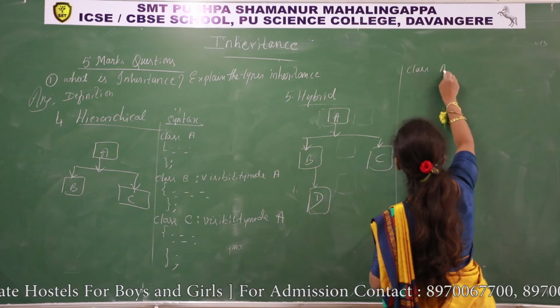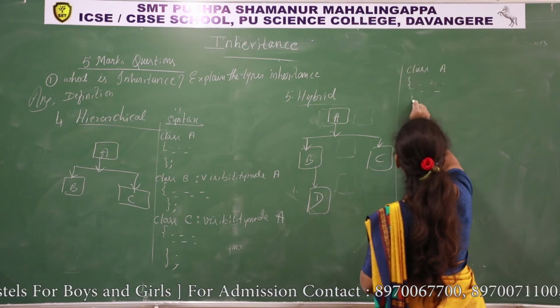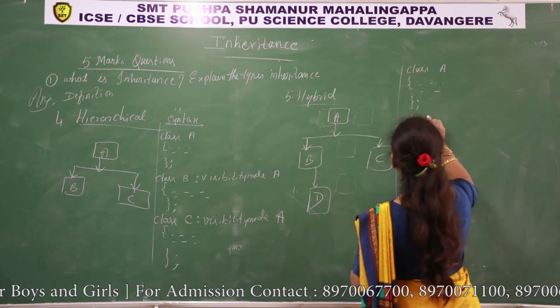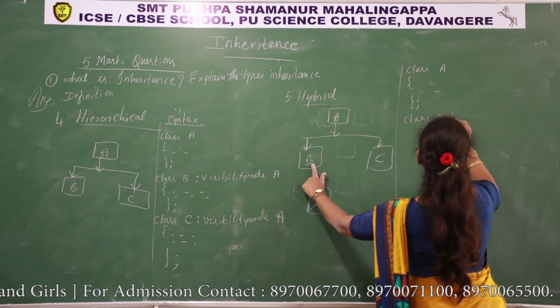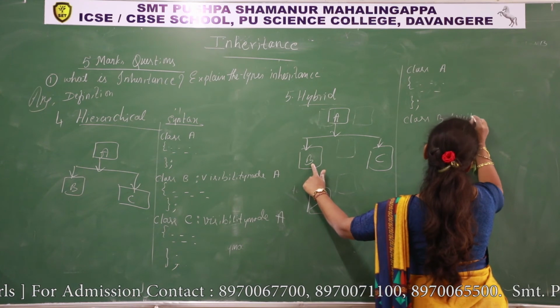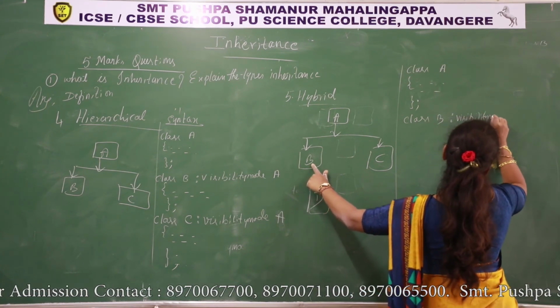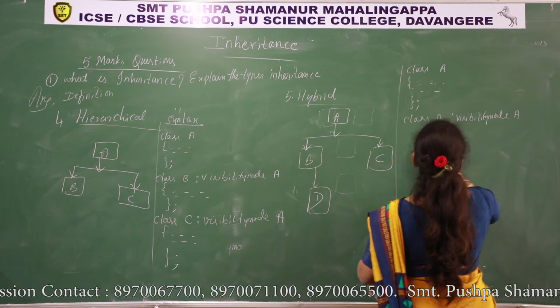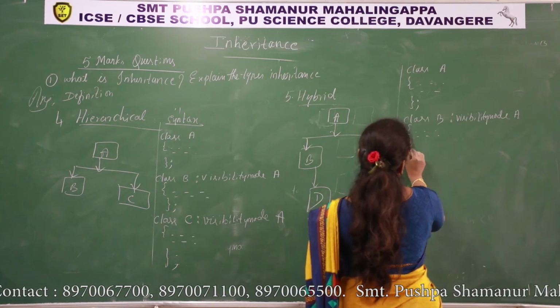So how to write the syntax? Class A, class B, which is a derived class of A, colon, visibility mode A, close.